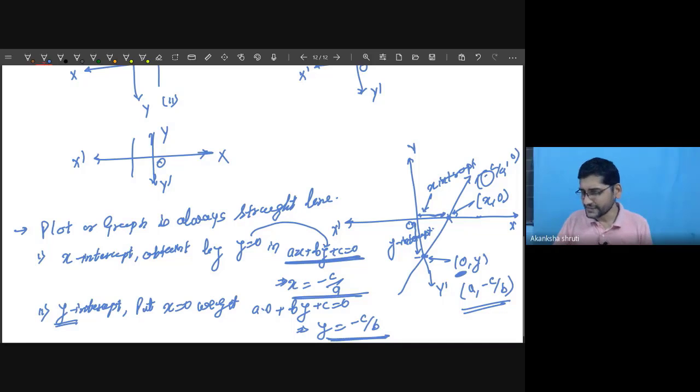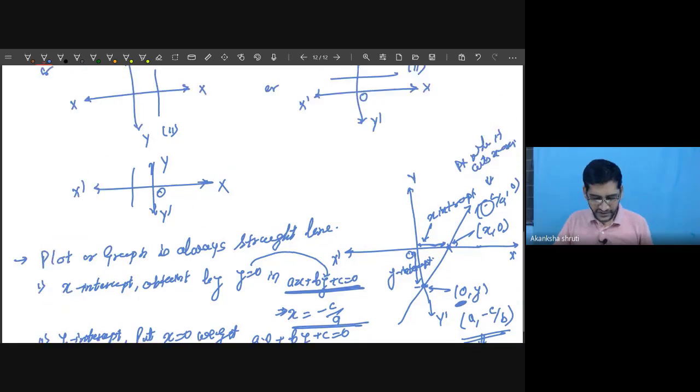This way the x-intercept and y-intercept, or the points where it cuts the x-axis and y-axis, can be calculated. This is the point where it cuts the x-axis, and this is the point where it cuts the y-axis.